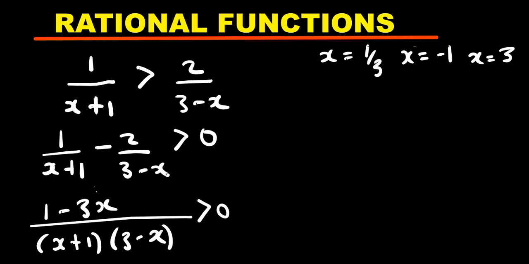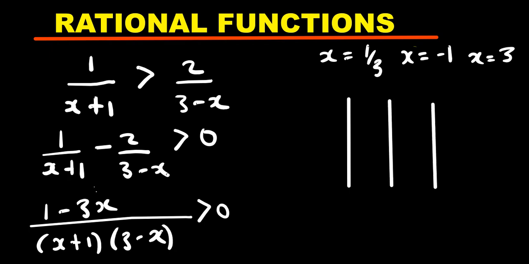Now what you're going to do is come up with some form of a specialized number line. I'll call it specialized because it's not like the number line that you are familiar with. Because we've got 3 values, I'll also put 3 here.